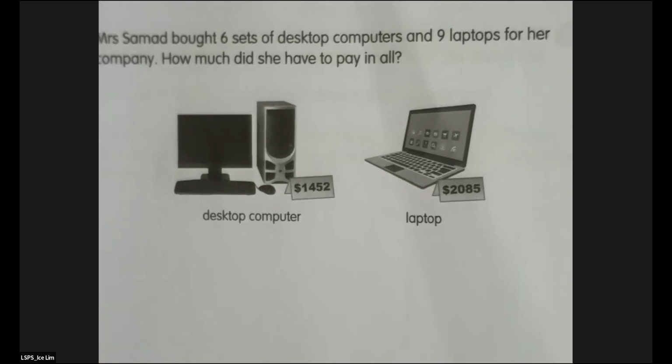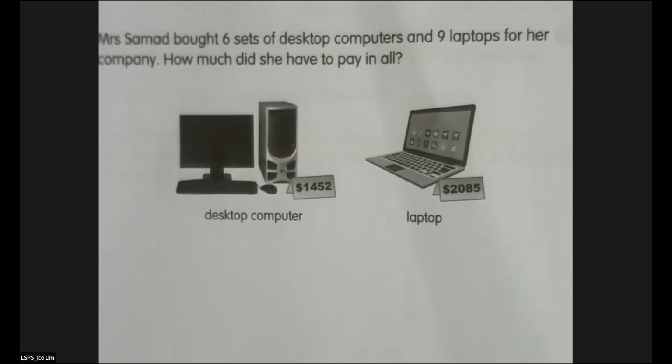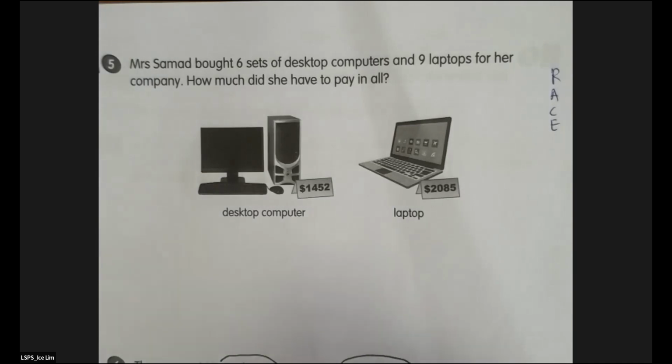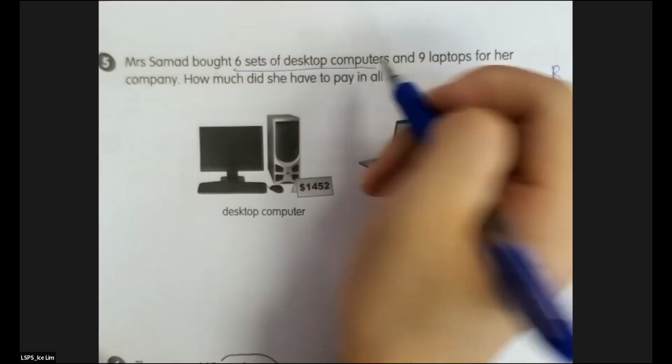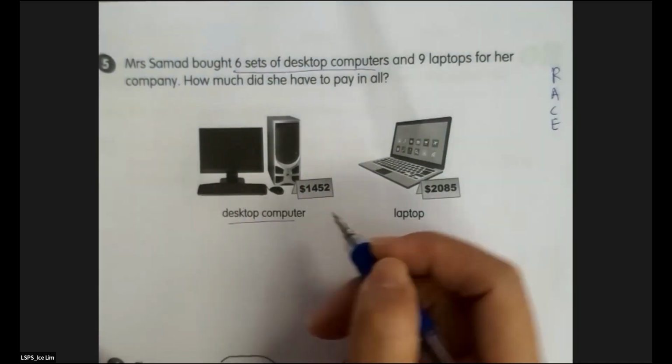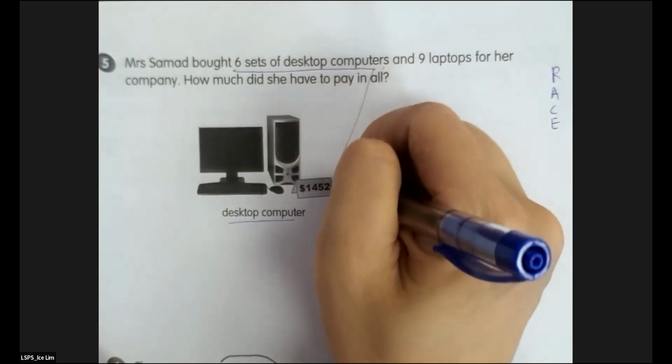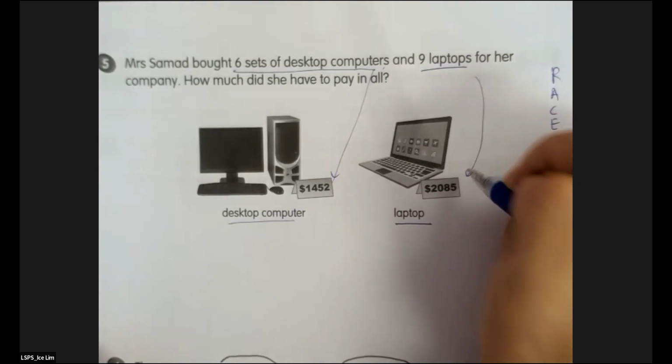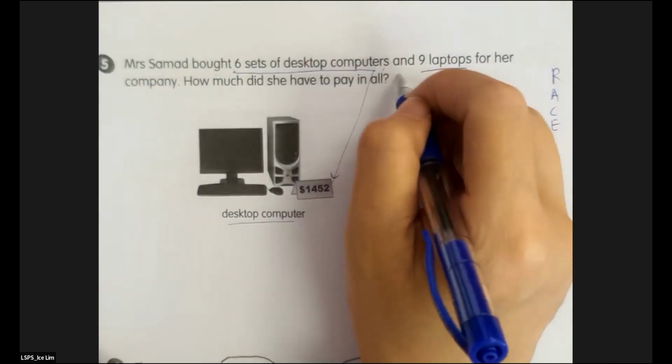When there's a picture to help you, it really helps. You can do it faster. Okay? So 6 sets of desktop computers. In case you don't know what a desktop computer is, there's a picture here, and then there's a price here. 9 laptops is here, also giving the price. How much should you pay in all?